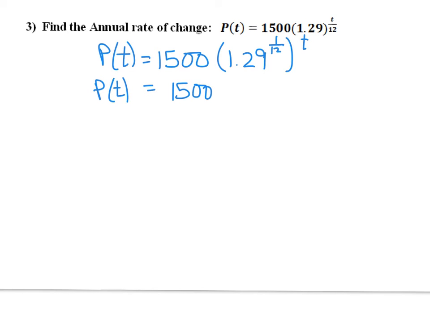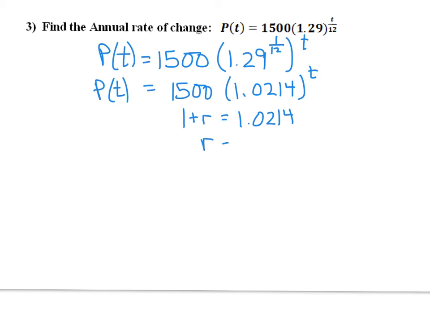On my calculator, 1.29 raised to the 1/12 is giving me a new decimal, 1.0214, and yes, it does give me more places there, but I'm just going to go with about that many. Raised to the t. This again is a growth rate, so I'm going to say 1 plus r is equal to 1.0214.